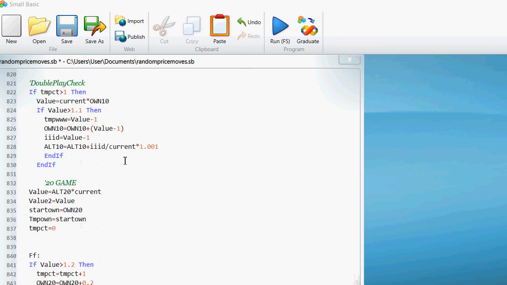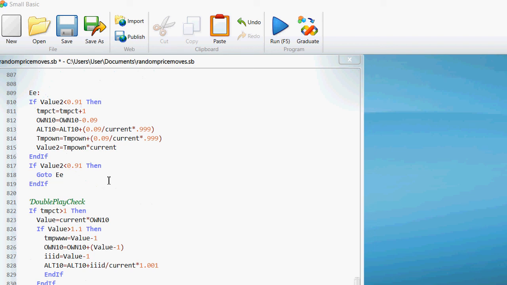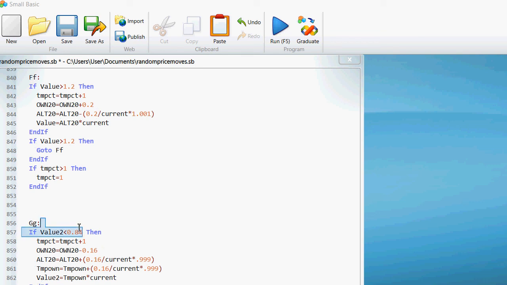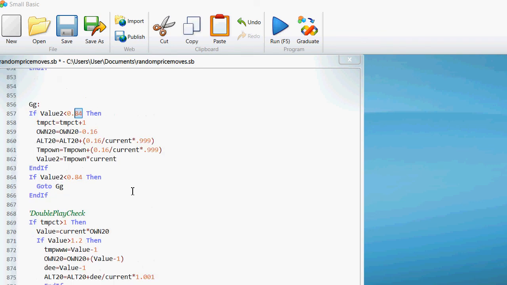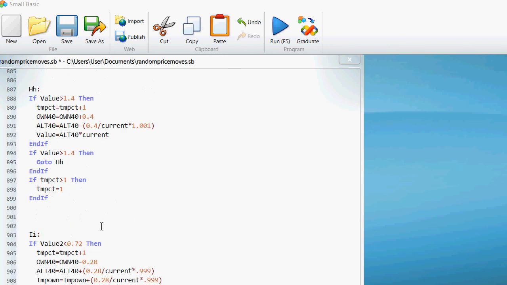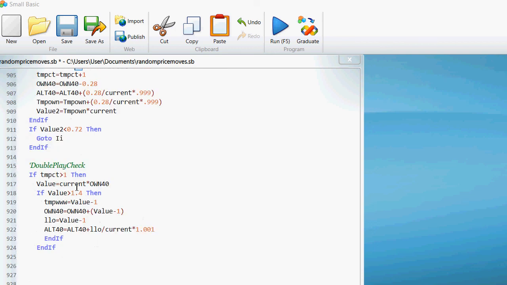And same thing with the 20s, where 20% up would work out to that of 16% down, which is 0.84. And then for the 40%, it is the equivalency of 28% down, so I did 72.